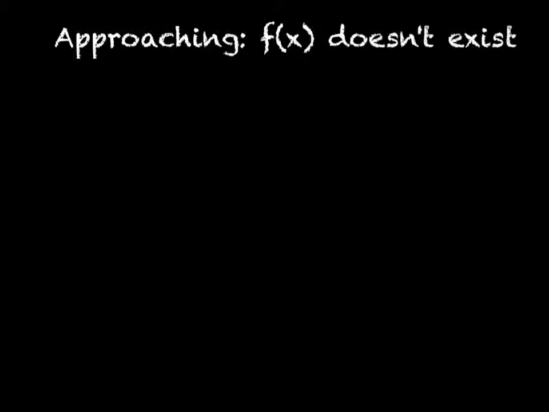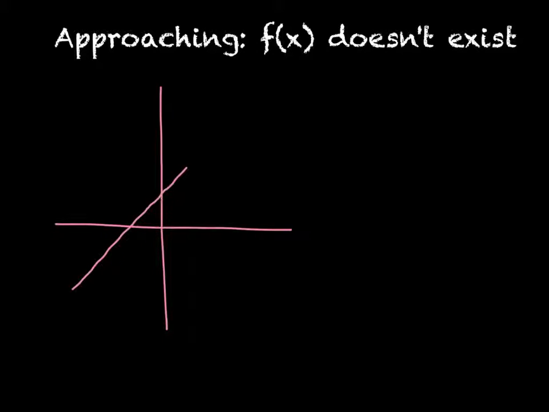In some cases, the limit can be very useful, because sometimes f of x does not exist, but the limit as x approaches that point does exist. I'll give an example. So let's say I have an f of x that looks like x plus 1, except that it has a gap at x equals 1.